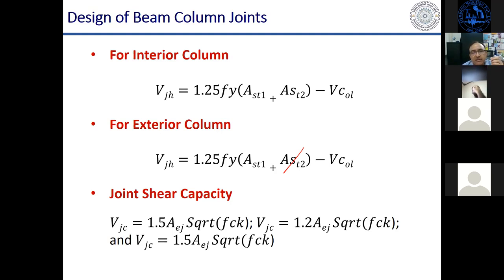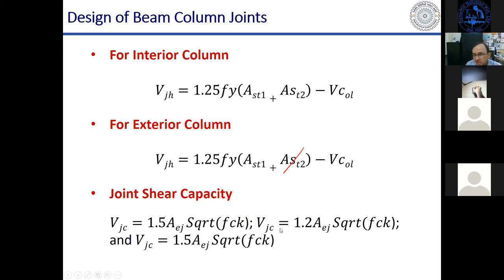It is 1.5 times AEJ if the joint is confined by beams on all four sides, for example an interior column of a building. So there it will be 1.5 times AEJ into square root FCK.